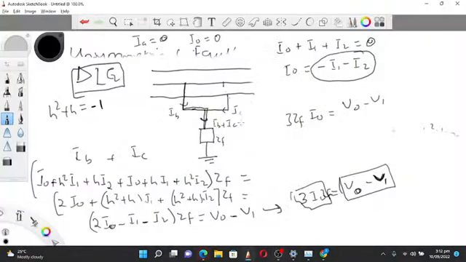Please, you should know this expression already, because from your symmetrical components you know that I0 plus I1 plus I2 is 0. When you substitute, you get this. That means that I1 plus I2 equals negative I0.